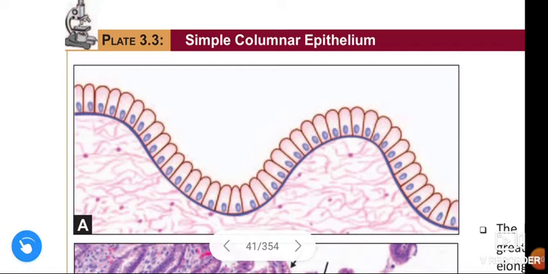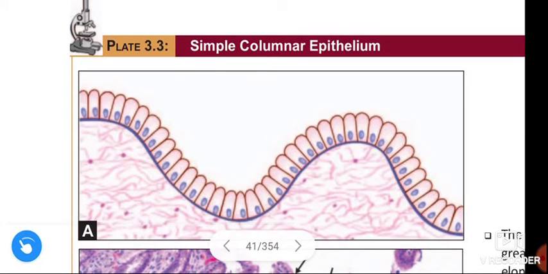See this figure. This figure represents the simple columnar epithelium. If you observe here, the cells are taller when compared to their width. Height is more than the width.